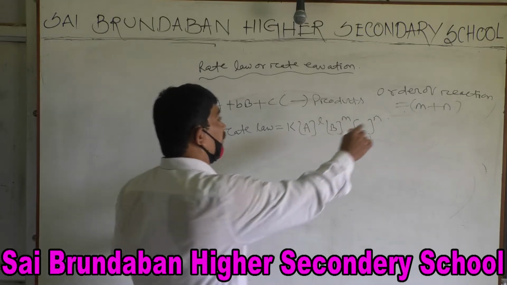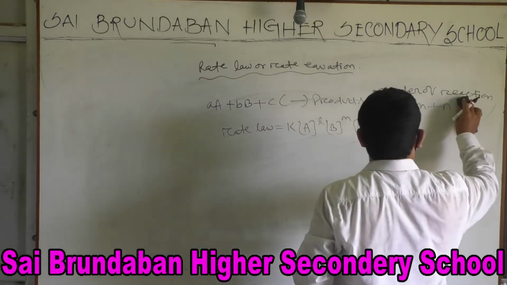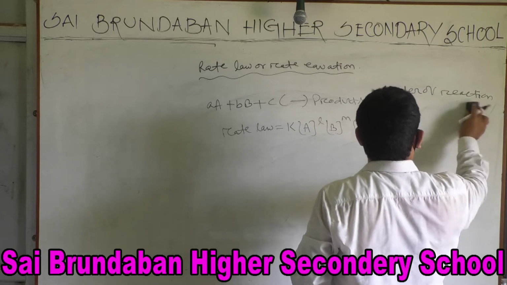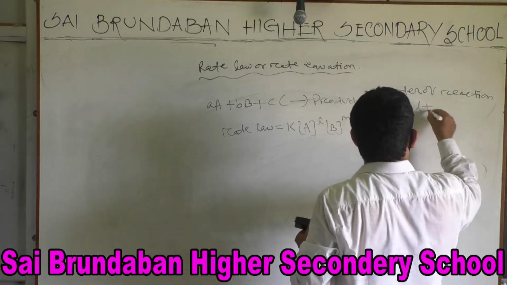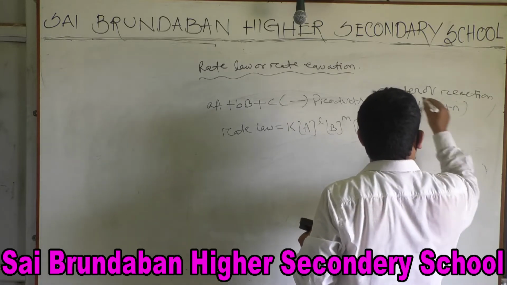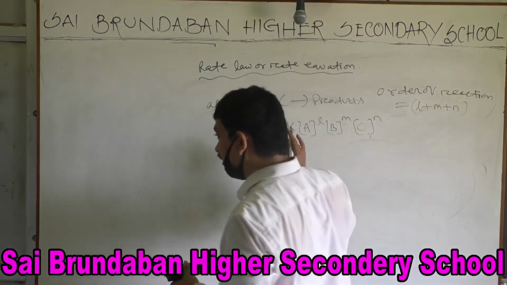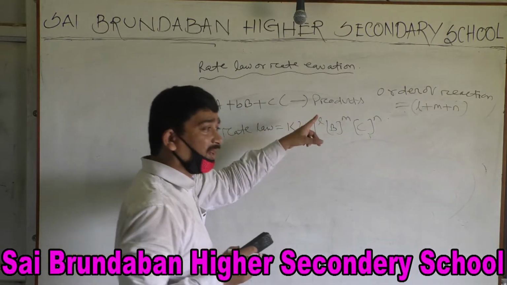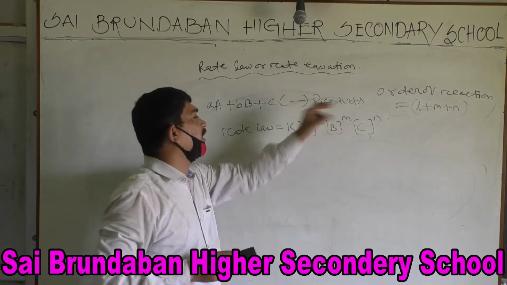The order of reaction is L plus M plus N. So how can you calculate the order of reaction? The order of reaction can be calculated from the rate law or rate equation.